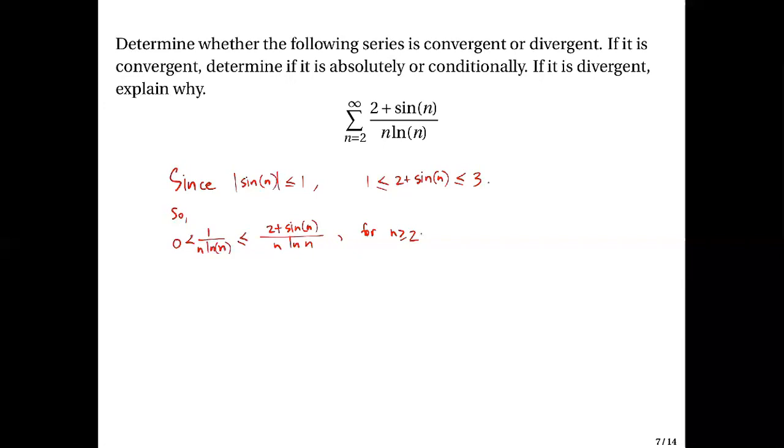So now, we show that the series from n equals 2 to plus infinity of 1 over n ln of n is divergent.